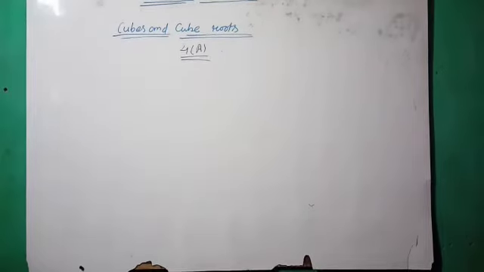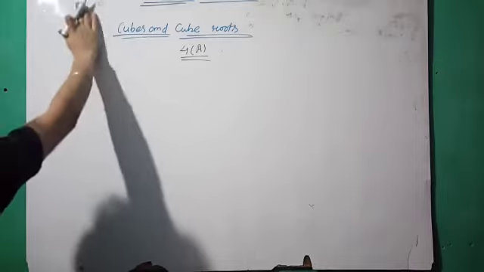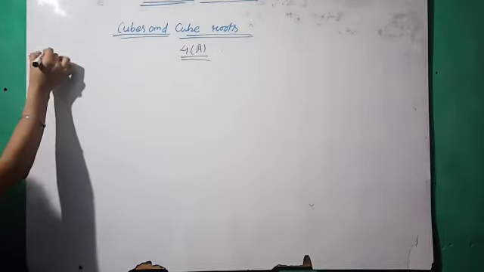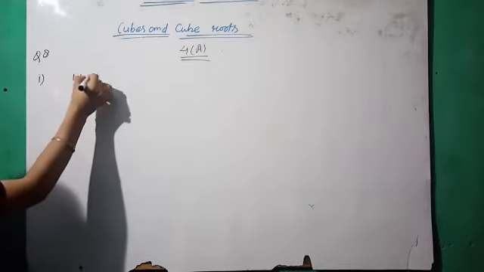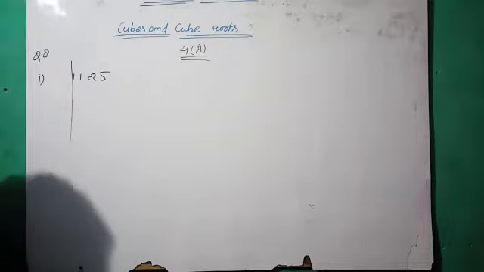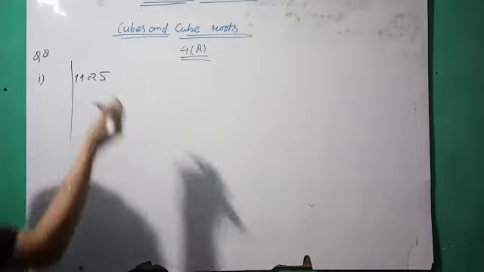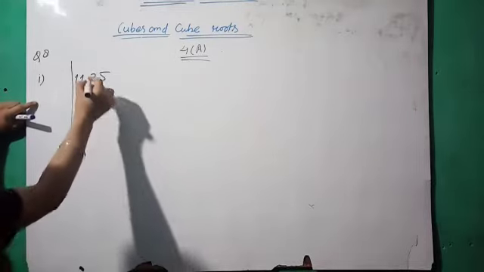Questions number 8 and 9 are important because in these questions we can find out how to make any number a perfect cube. We will discuss from the question. The first one is 1125. We can make any number a perfect cube either by dividing it or by multiplying it.